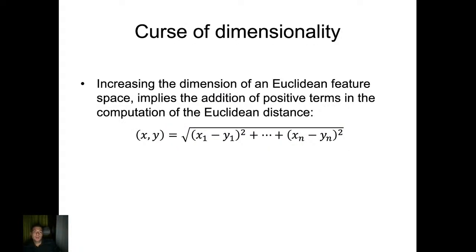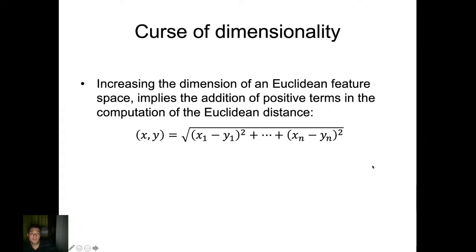Okay, so now to explain why the KNN suffers from the curse of dimensionality. Essentially, when you compute the nearest neighbors, you need to use some distance function, for example the Euclidean distance. But regardless of the distance function that you use, you will need to include all the components of your feature vectors.